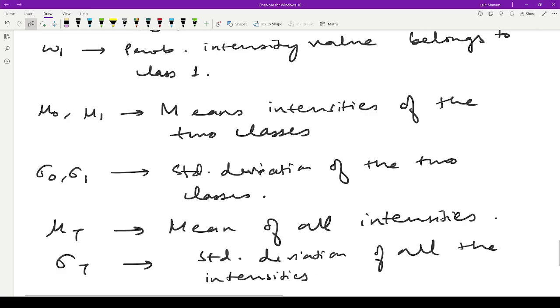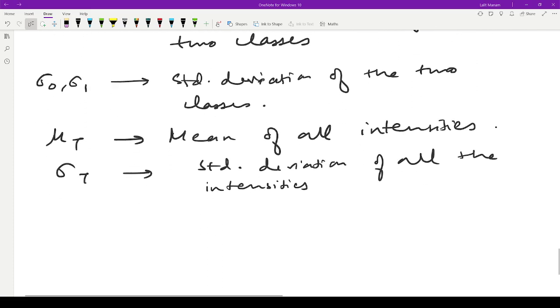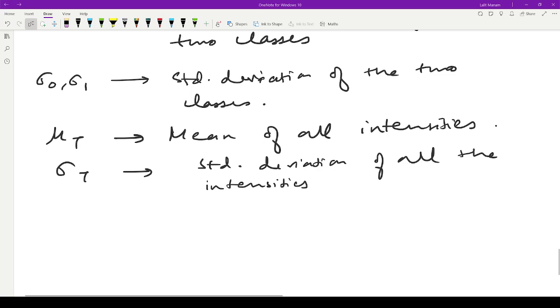So can anyone tell me, when I just define mu and sigma, what kind of distribution I am implicitly assuming for each of the classes?